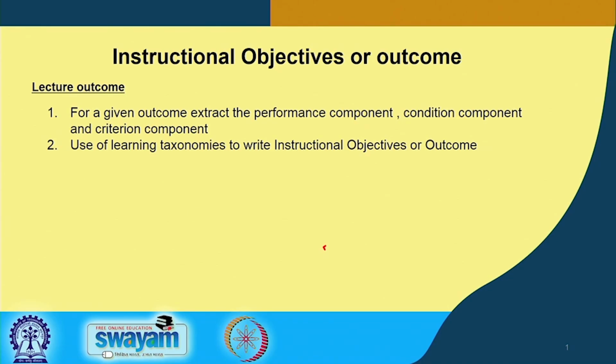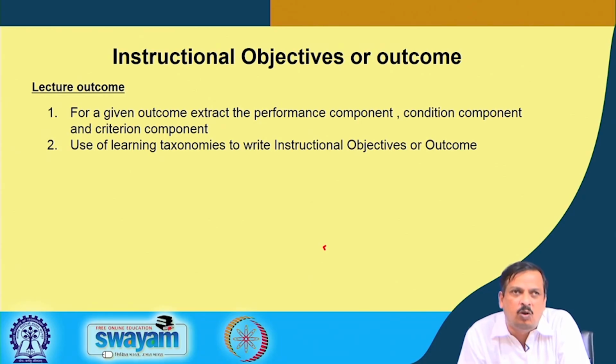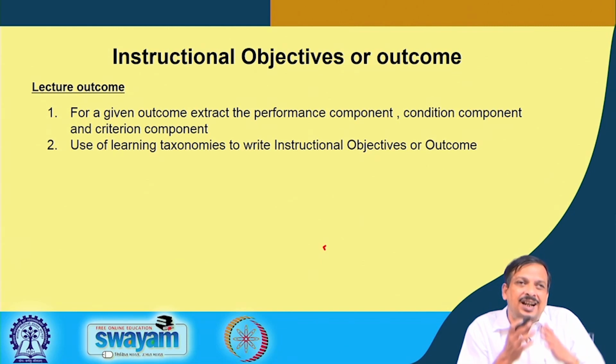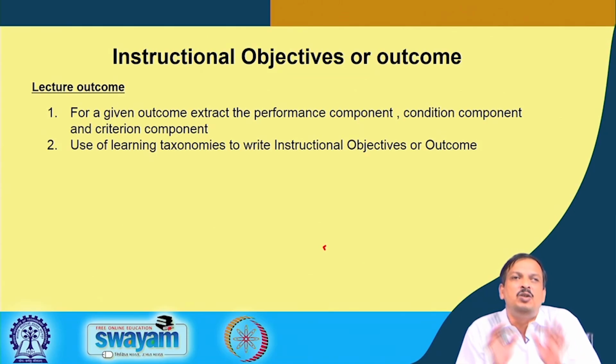After these lectures, you will be able to write down the instructional objective or outcome of your own course using Bloom's taxonomy, whether at course level, chapter level or lecture level. Those two skills will be developed after these lectures.